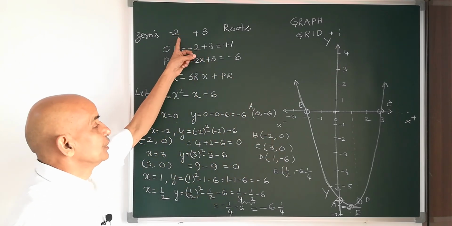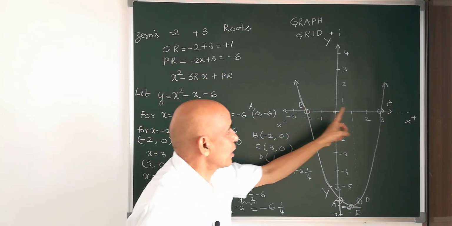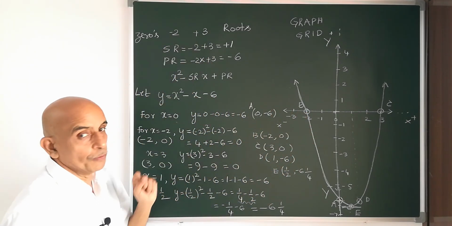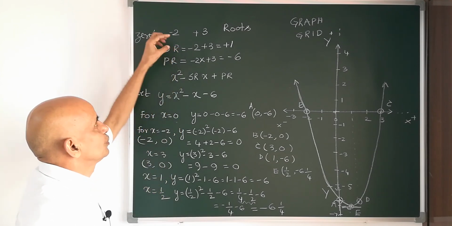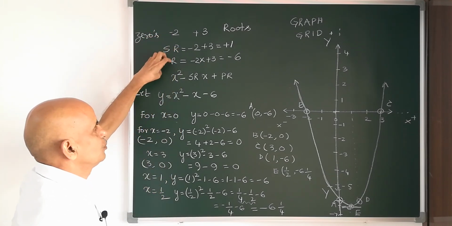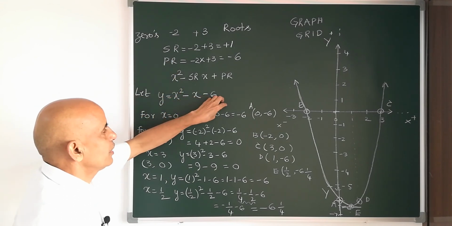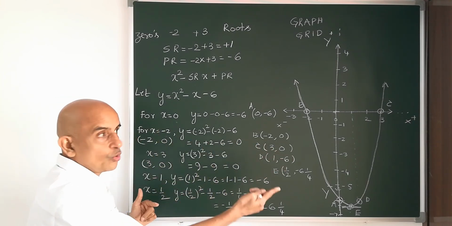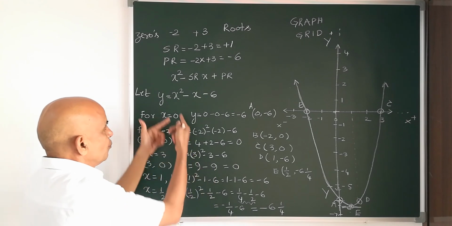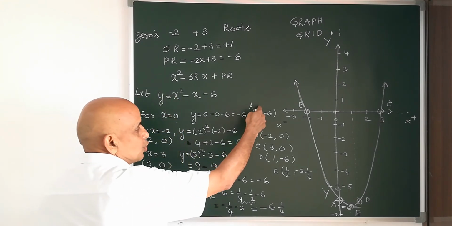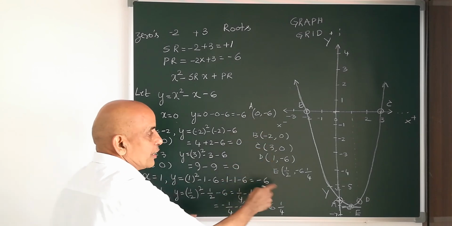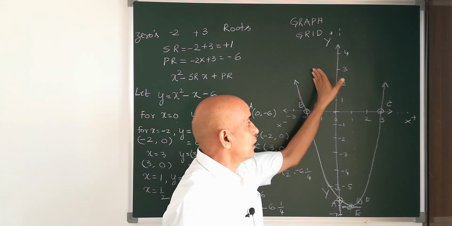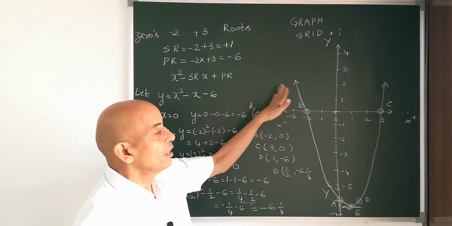We have taken the roots, and we have discovered they are also called the zeros, because at these values of x, y becomes 0. That is why they are called zeros. So we have taken the sum of roots, the product of roots, and this quadratic expression. We have taken the quadratic expression as y, because we need two coordinates, the y coordinate and the x coordinate. For different values of x, we get different values of y. So we calculated all those coordinates, plotted these points on the graph paper, then drew a rough sketch and joined them.